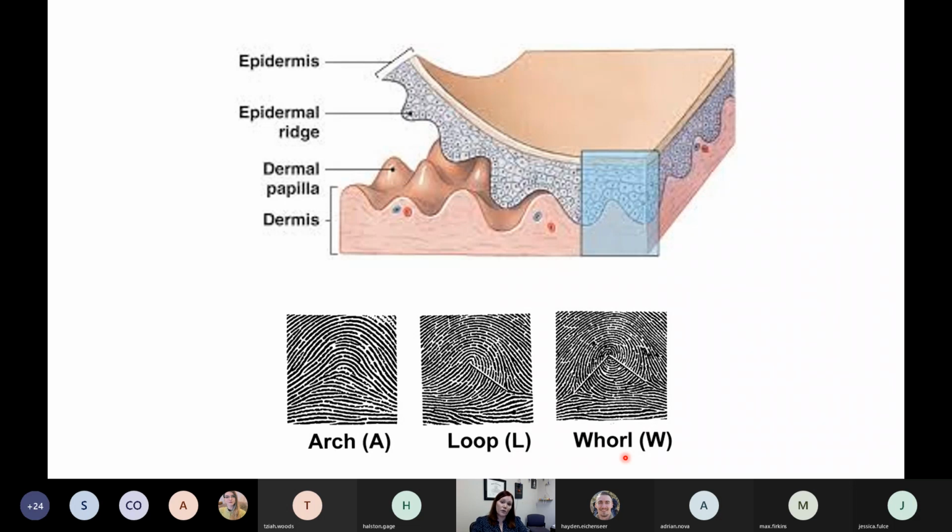But remember I told you the stratum corneum, this outside layer of the skin, is constantly falling off. It's completely dead and constantly being changed. But your fingerprint is the same for your entire life. Why doesn't your fingerprint change? Even though we're losing skin cells all the time, why doesn't our fingerprint change?